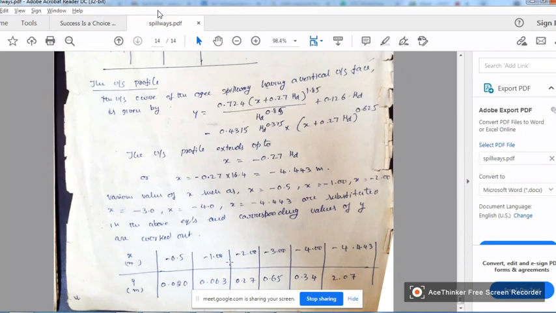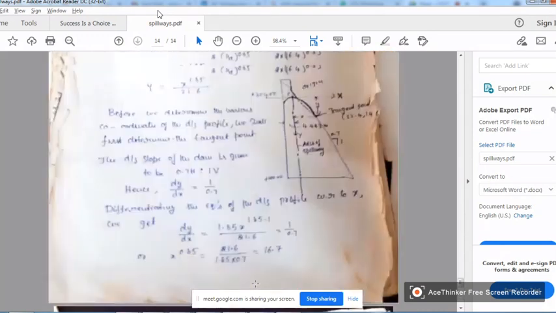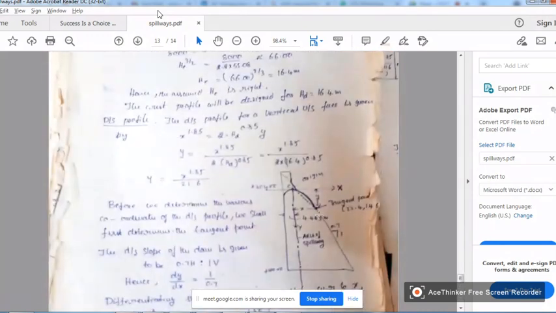For different x values you will get the y values. So if you substitute these x values in the same equation, you will get these y values. Once you know the coordinates of the upstream profile and the downstream profile, you can join all those points and you will get the profile of the Ogee spillway. So this is how we have to design the Ogee spillway.